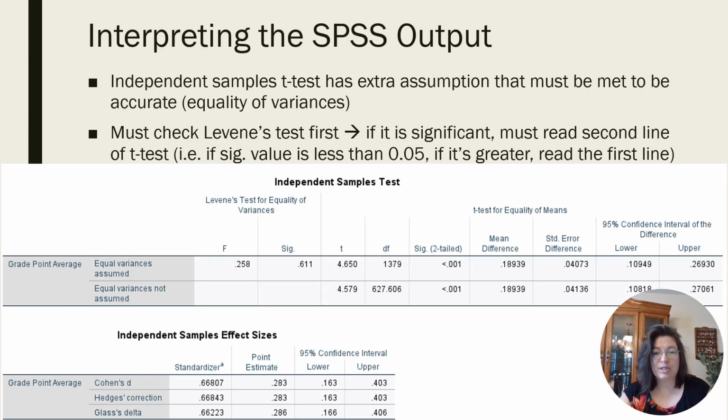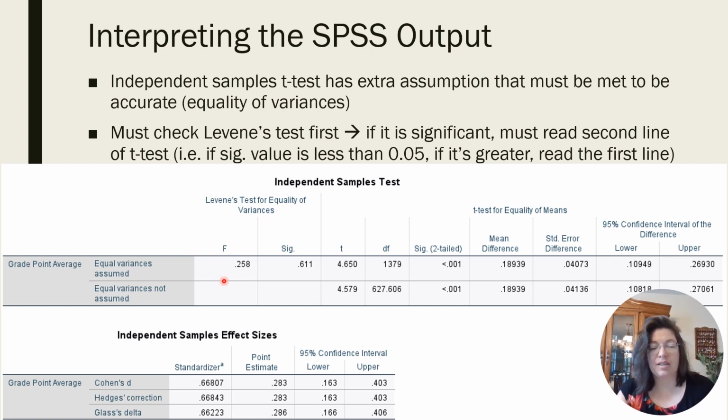The following tables are where we start checking some of our assumptions. So, as I mentioned, unlike the one sample t-test, the independent samples t-test has that assumption of equality of variance. So we have to check that before we look at our actual t-test results. So the first two columns of numbers are that check for the assumption of equality of variance, and that's done through Levene's test for equality of variances.